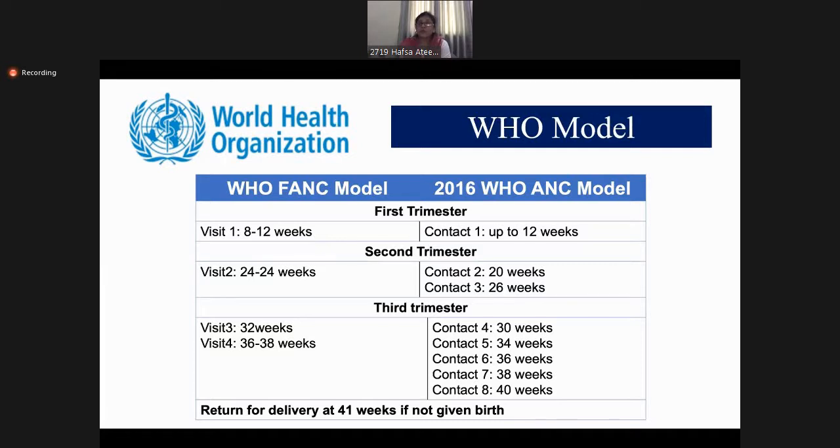So the time of term is between 37 to 41 weeks, and during this period, delivery should occur. Delivery prior to 37 is preterm, and delivery after 41 is past term pregnancy.